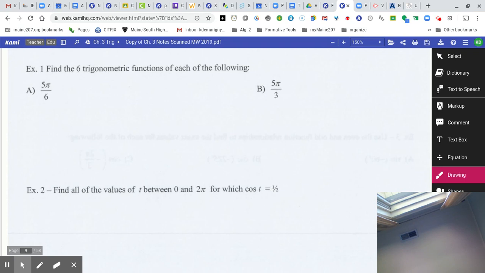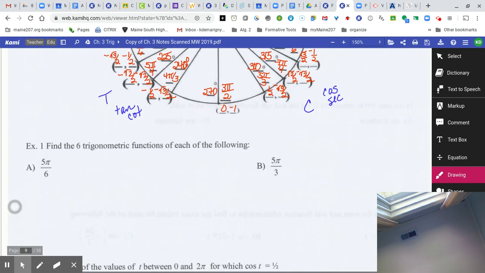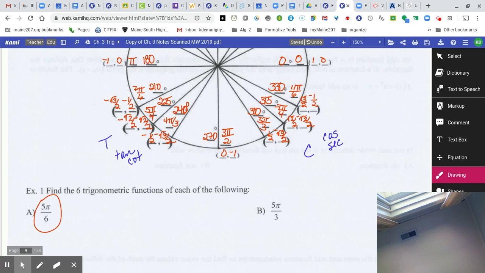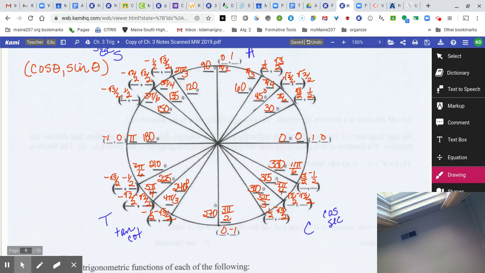Number one is to be able to fill in that unit circle quickly. Number two, can you now find the six trigonometric functions for each of the following? And again, we would probably do this as a timed ratio, but at any rate, if I'm at 5 pi over 6, I know that I'm almost at a whole pi, but not quite. So I'm at 150 degrees.